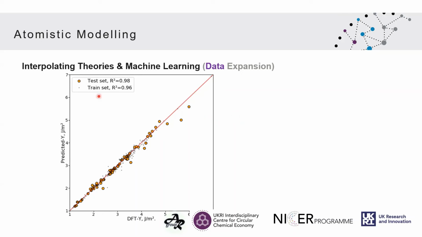So there are many theories to expand the data. For instance, we have the Bronsted-Evans-Polanyi, we have the scaling factors, we have other techniques that might be combined also with machine learning. Here is just an example of the data that we provide and the data that we train and the data that we get.